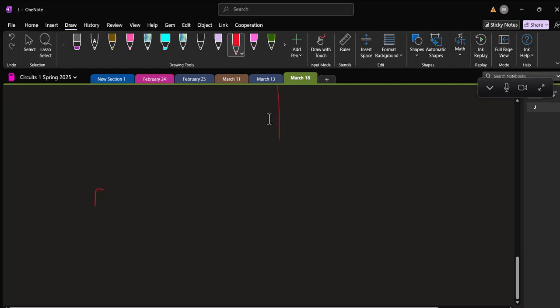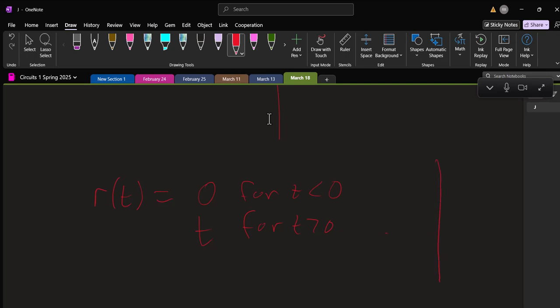So the ramp function is 0 for t less than 0 and t for t greater than 0. So t is just the line y equals x, just the diagonal line. So the ramp function just looks like this.